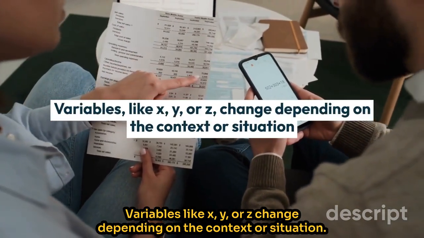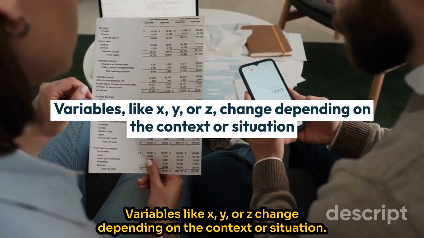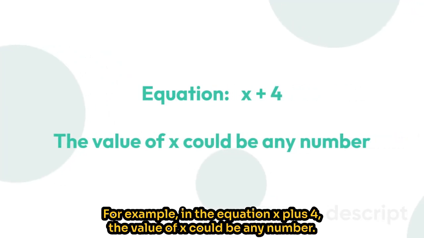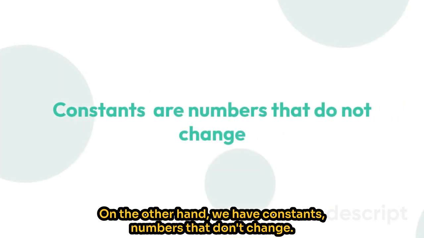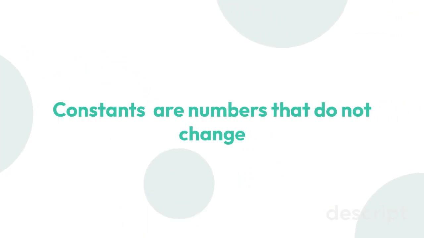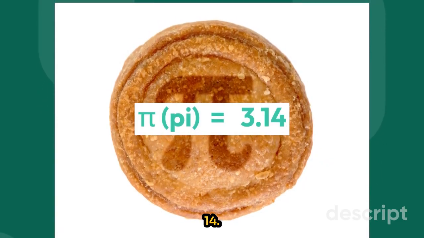Variables like x, y, or z change depending on the context or situation. For example, in the equation x plus 4, the value of x could be any number. It's flexible and can represent different quantities. On the other hand, we have constants, numbers that don't change. A great example is pi, which equals approximately 3.14.